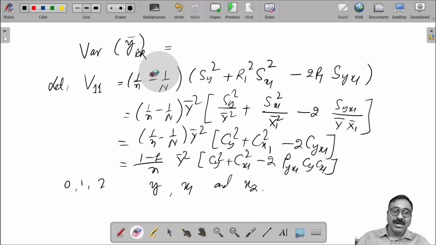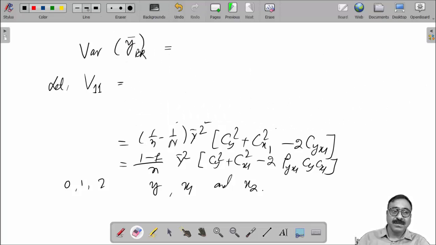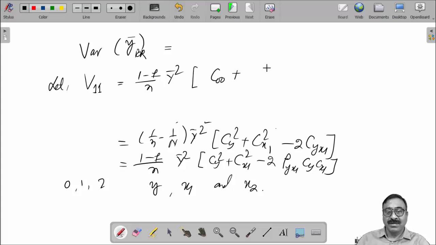So variance of Y R1 bar will be equal to (1 minus f) by n, Y bar square, this will be C00 plus C11 minus 2 C01.